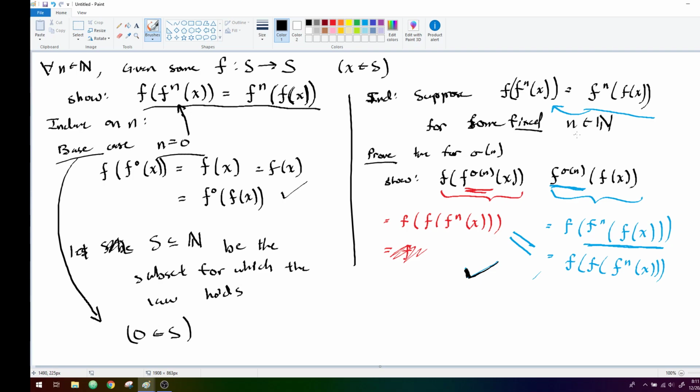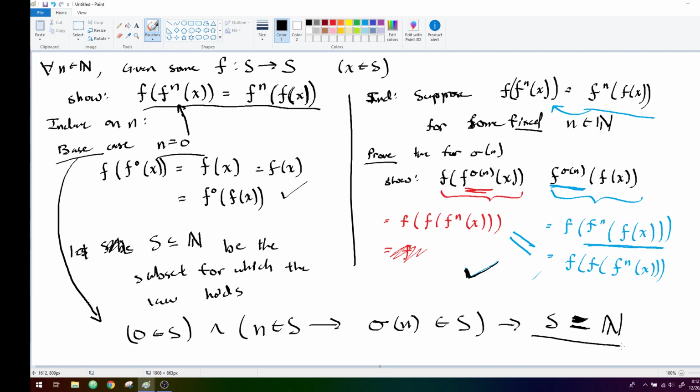Well, we've proven that if I know n is in S, I can demonstrate for you that sigma of n is also in S. But by induction, axiom number 3, we know that this implies this subset of the natural numbers is really all of the natural numbers, which ultimately tells us that this law works for all n in the naturals.